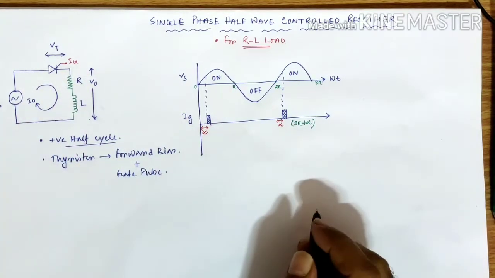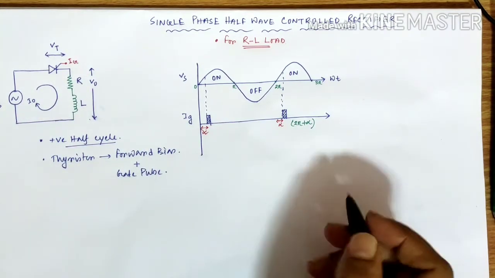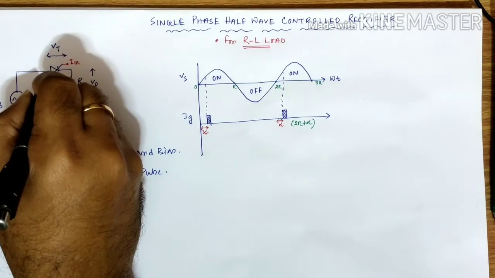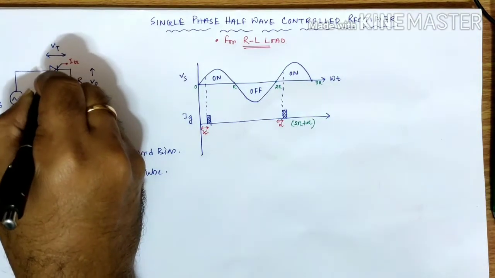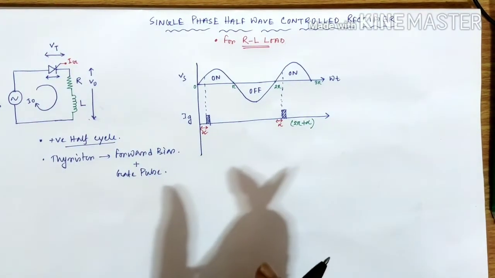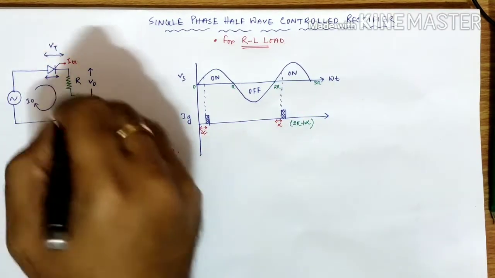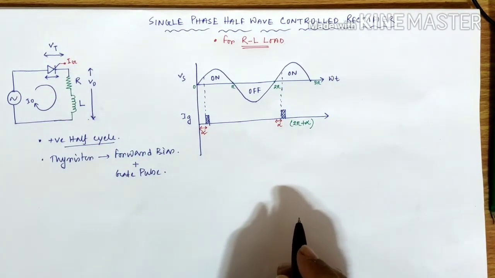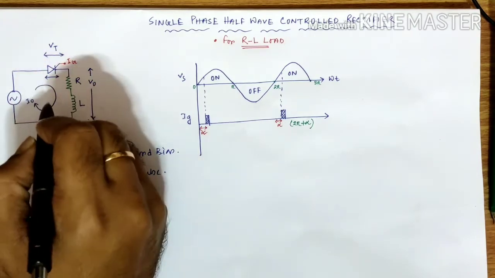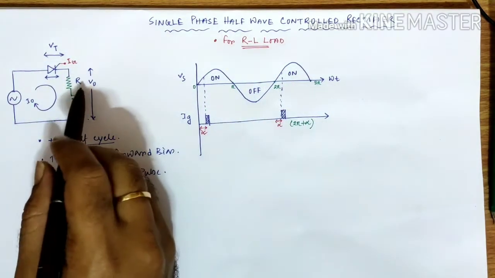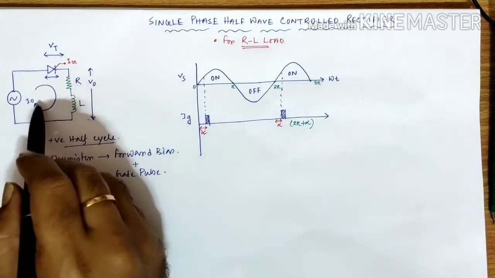Now when the thyristor is on, what does it mean? It becomes a closed path, so that the current can flow through the load. Now here the nature of the load is inductive, due to which we need to understand what should be the relation between V0 and I0.